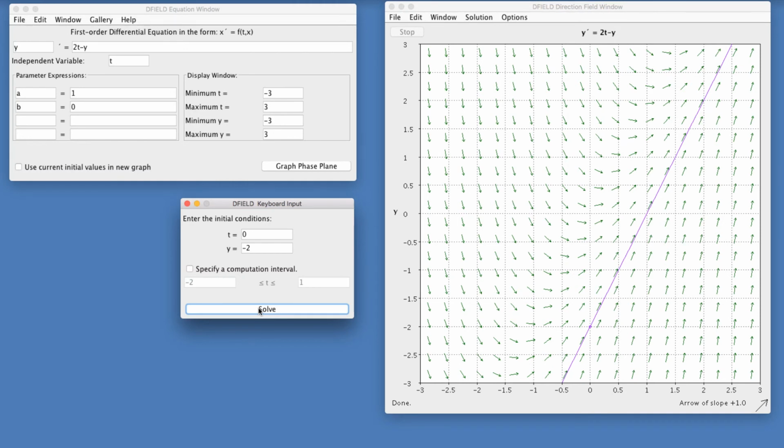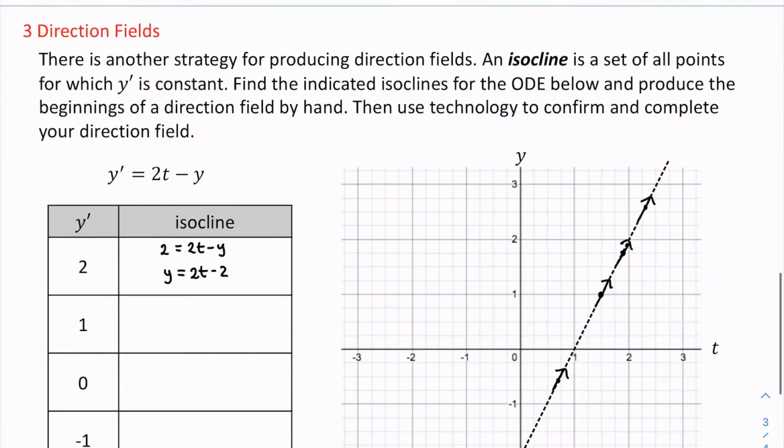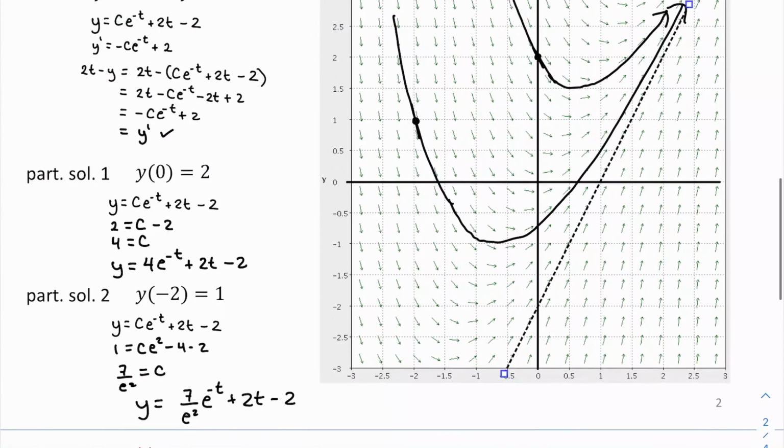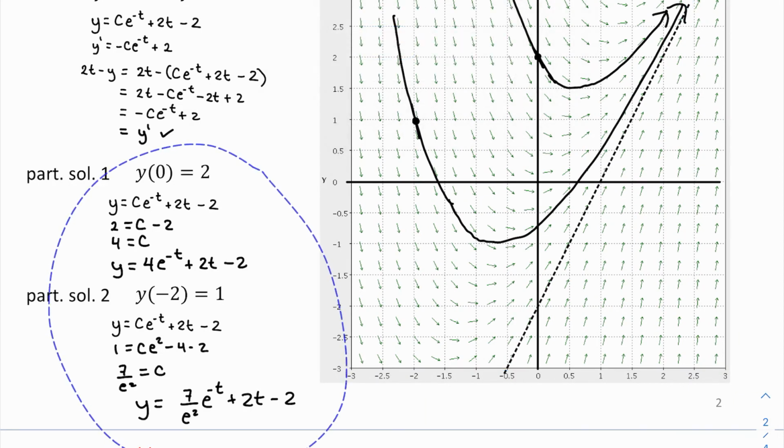In other words, we should wind up getting C to be 0. I leave that to you to verify. Do a particular solution that goes through 0, negative 2, similar to what we did up here, and you will notice that the C needs to be 0 in that case, meaning that your solution simply is the line 2t minus 2.